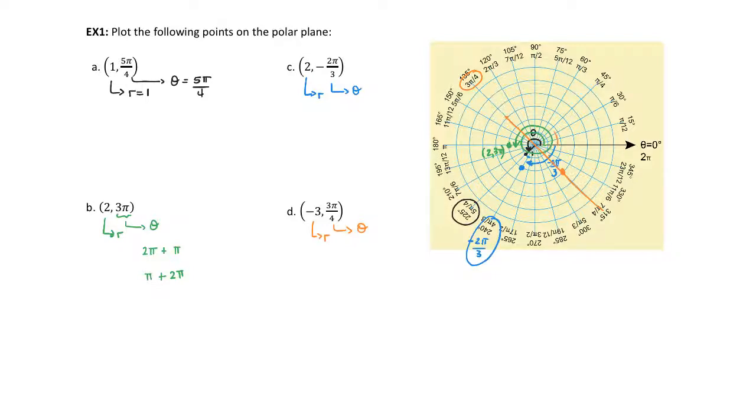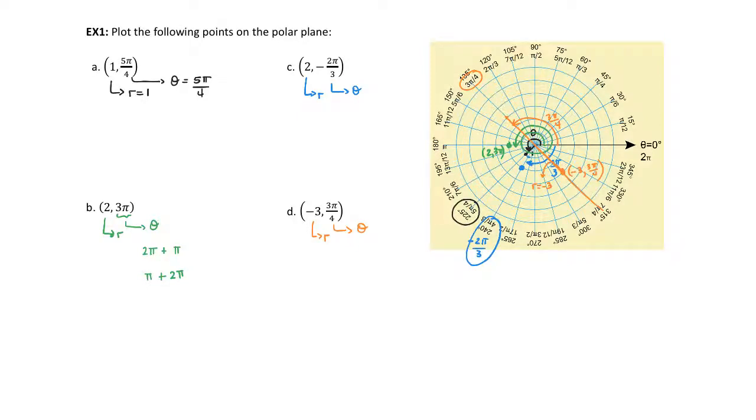I will still write this as theta, 3 pi over 4, but now this length right here, I know that you can't see it very much, is going to be negative 3. So if you want to label, you label this length as r equals negative 3. So the coordinates are going to be negative 3, comma, 3 pi over 4.